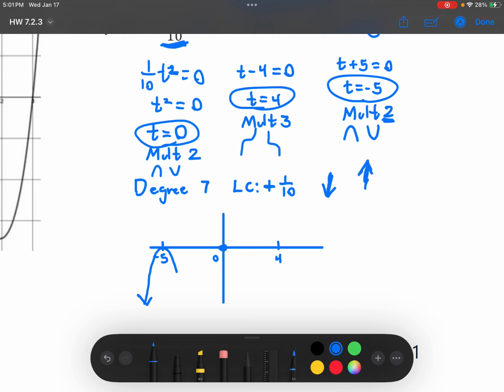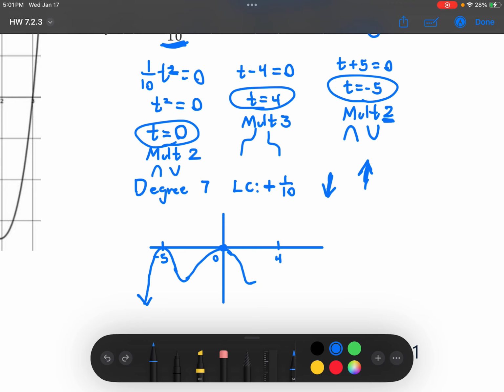Now, I'm going to go through 0, which is also a multiplicity of 2, meaning I'm going to bounce off this x-axis also. And then I've got to come back up. How do I know I've got to come back up? Because my end behavior has to look like that.